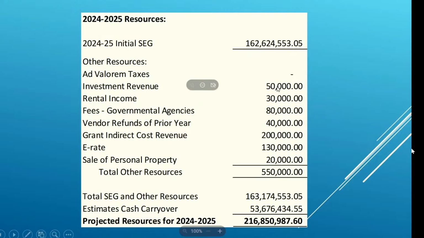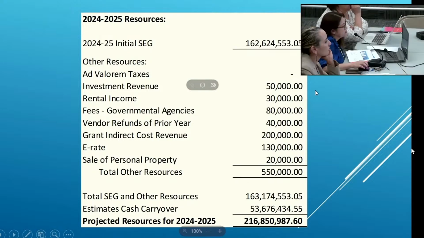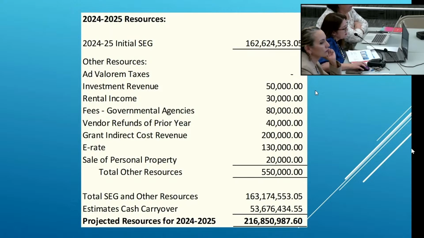And then we have estimated some of the other revenue sources, which would be your investment revenue, rental income, vendor refunds, and indirect cost. So we anticipate that will be an additional $550,000. So when you take those two, SEG and other resources, it's $163.1 million.